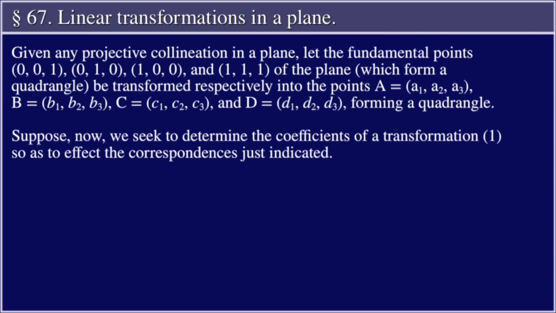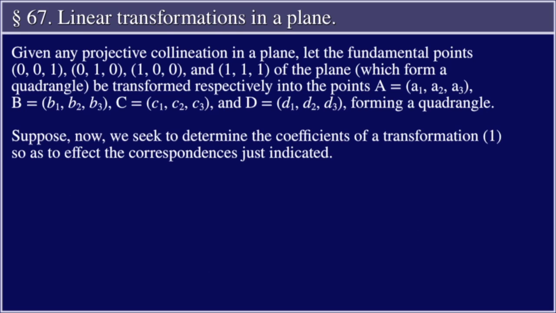Given any projective collineation in a plane, let the fundamental points (0,0,1), (0,1,0), (1,0,0), and (1,1,1) of the plane, which form a quadrangle, be transformed respectively into the points A = (A1, A2, A3), B = (B1, B2, B3), C = (C1, C2, C3), and D = (D1, D2, D3), forming a quadrangle.